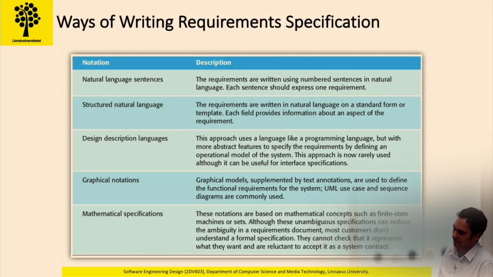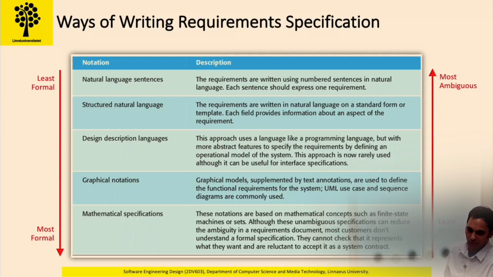And the most formal way to write your requirements is mathematical specifications. That is not very easy to understand for general readers, but some mission critical software uses mathematical specifications, especially for safety reasons, in safety systems.